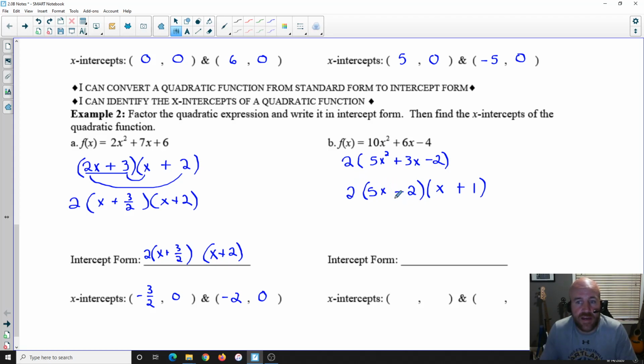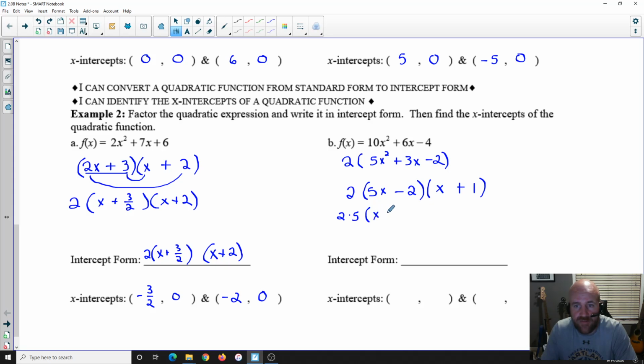And then to finally get it in intercept form, remember, we don't want a number out here, so we need to divide that out. So I'm factoring it out. Whenever you factor something out and there's already something out front, they have to be multiplied together. So if I'm taking a 5 out, I have to multiply it by this 2. Okay, so actually I'm just going to write that out just so everybody can see, so we don't forget.